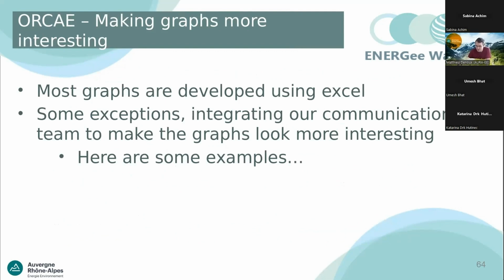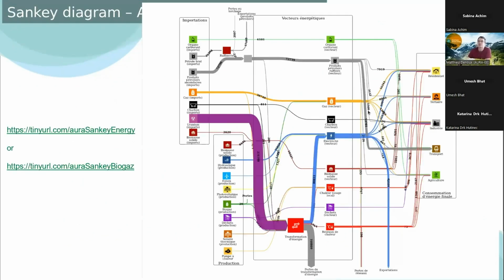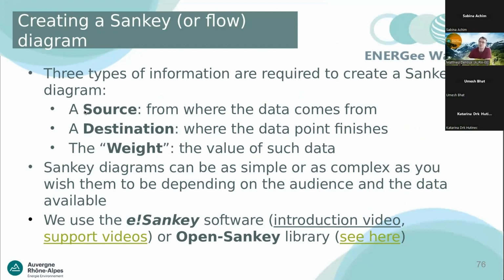So first you need to describe the nodes of your system and which are going to be the links available. And then once you have described it, so it's quite a lot of work, you will just need to provide for each flow from where it starts, where it goes, and what is the weight of the flow. So it's just the value, for example, of the energy flow. So it's quite easy once you have the structure of your diagram to create it and to fill it with the data.